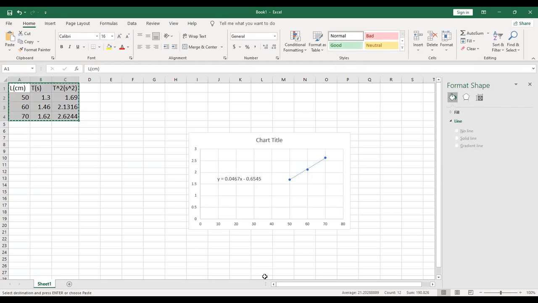This is the table, and then this is the Excel graph.